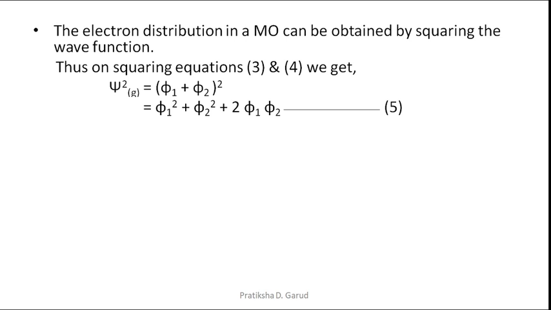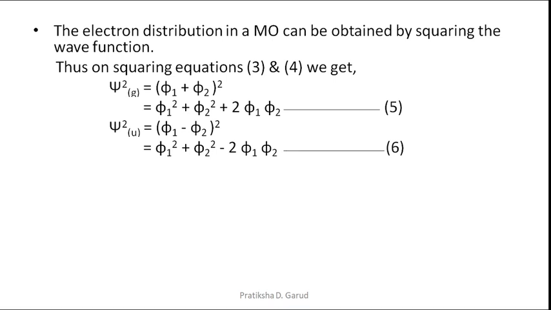This is equation number 5. Similarly, psi u square is equal to (phi 1 minus phi 2) whole square, which is equal to phi 1 square plus phi 2 square minus 2 phi 1 phi 2. This is equation number 6.